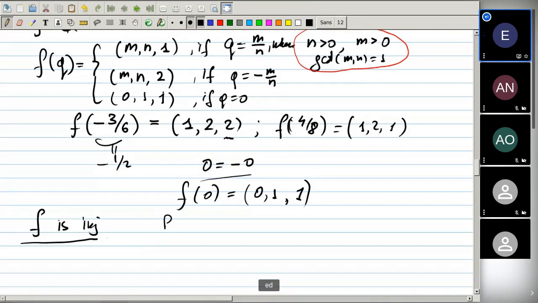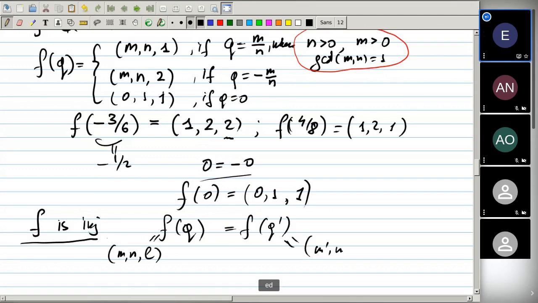Do you agree that f is injective? Of course. Why is it so? Assume that f of q equals f of q prime. So here we have m, n, and l, and here we have m prime, n prime, l prime.